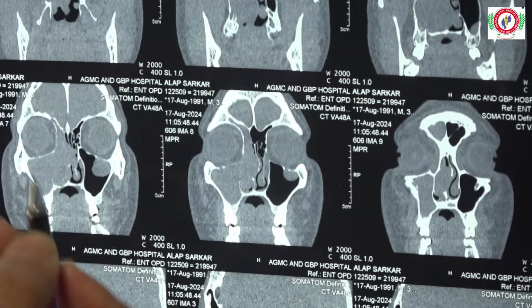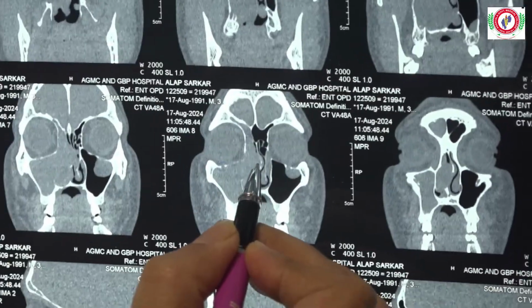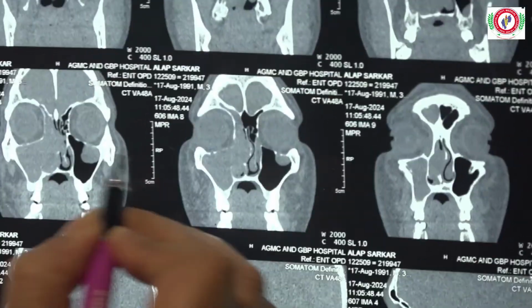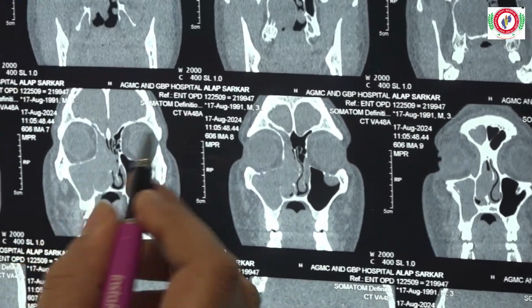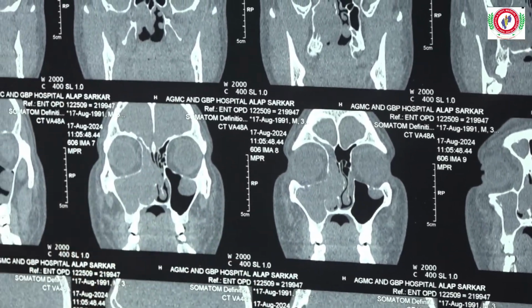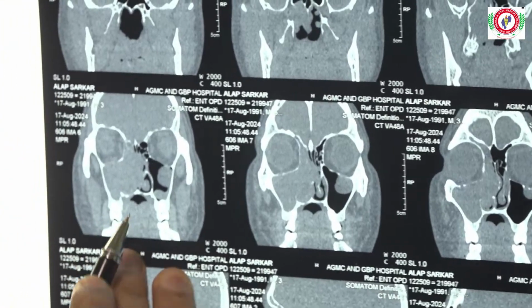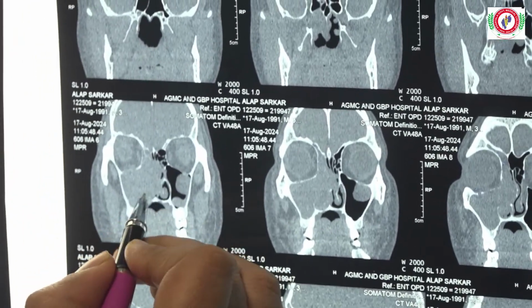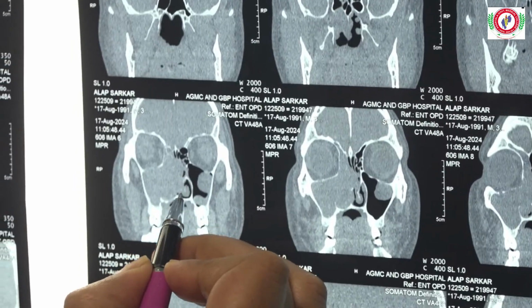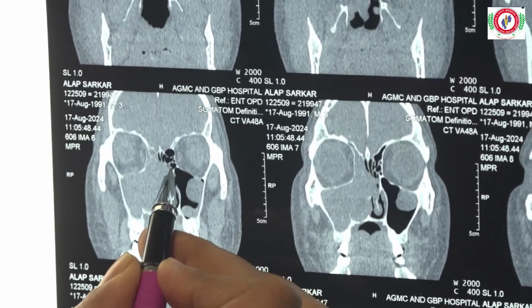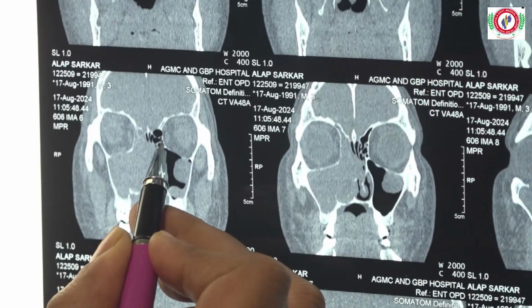I cannot really see any agger nasi on the left, but to me this can be the agger nasi on the left side. Yes, the cut is quite... So this is on the right side. It's not very clear where your uncinate process is because of the cut, sir. But the uncinate process will be somewhere maybe 1 millimeter posterior to this cut.